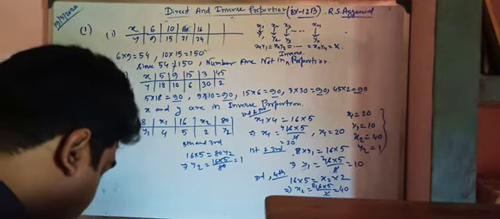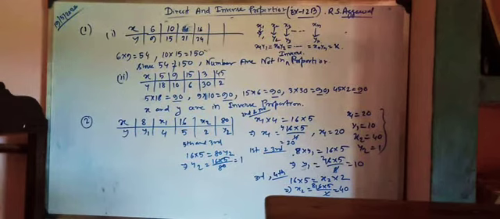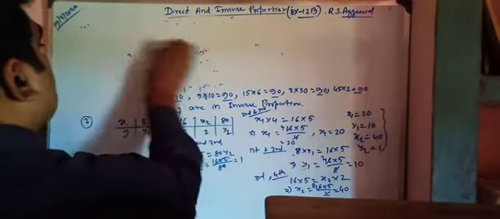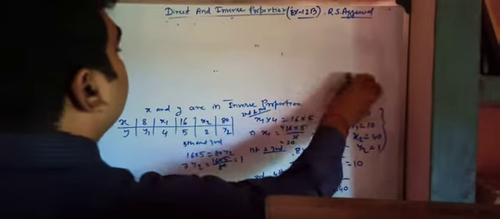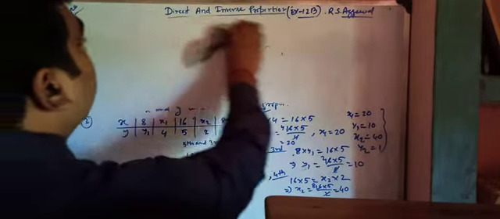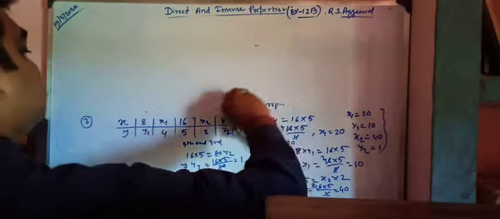The question is given here. Question number 3. If 35 men can reap a field in 8 days, in how many days can 20 men reap the field? Okay. For solving, we have to make the chart for this.